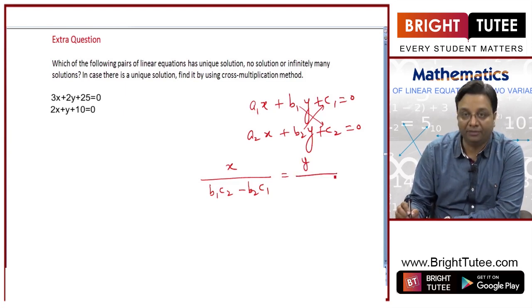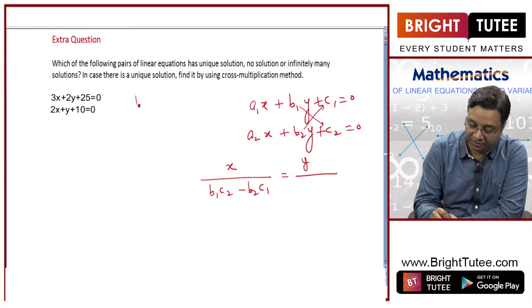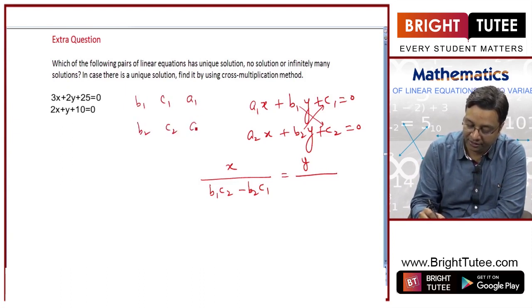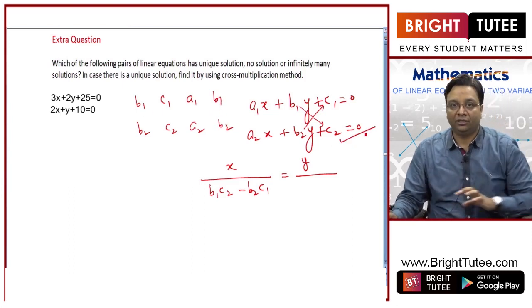Then y divided by, first of all you write the coefficients like this, b1 b2 c1 c2 a1 a2 and then b1 b2 again, because this might be a little confusing for you.